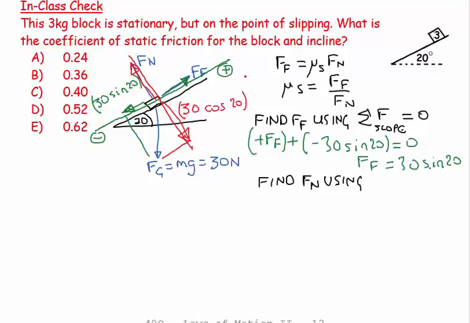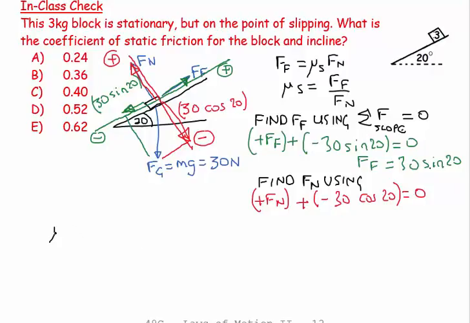The key point is Ff is not. So let's call this positive, let's call this negative, the usual stuff. So I say plus Fn added to minus 30 cosine 20 is equal to 0. Again, let's just leave it in that form.